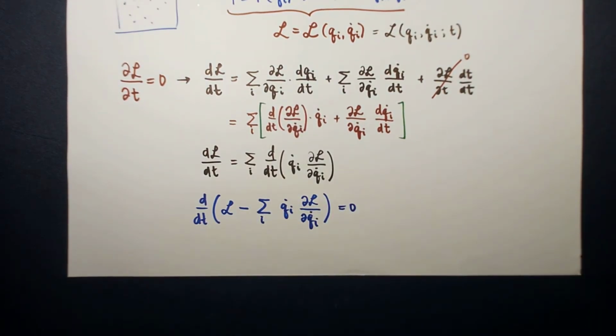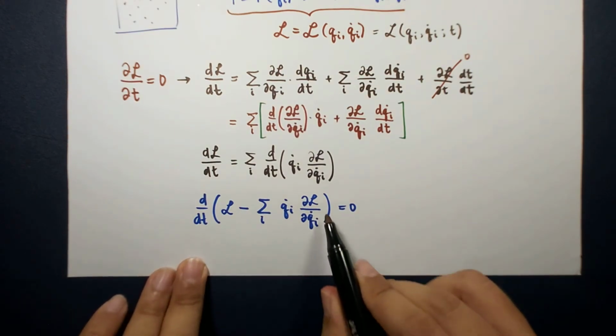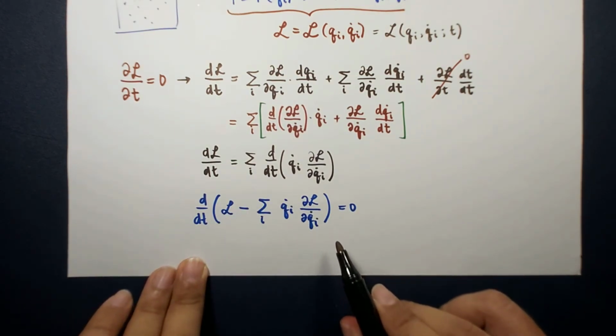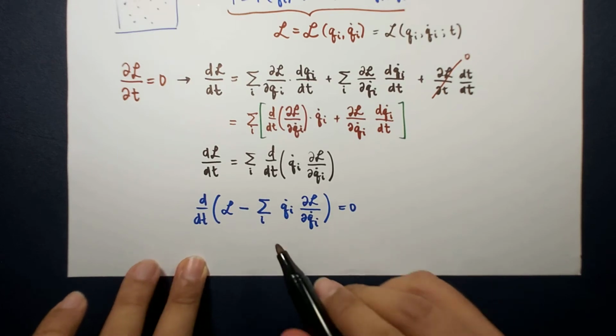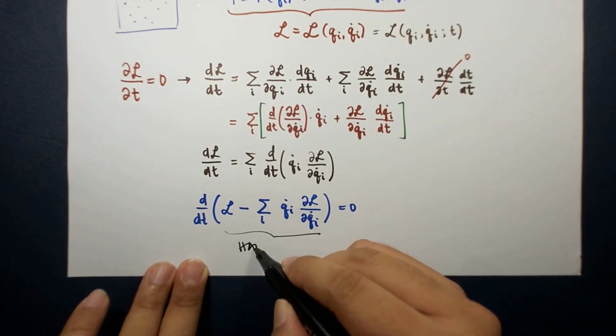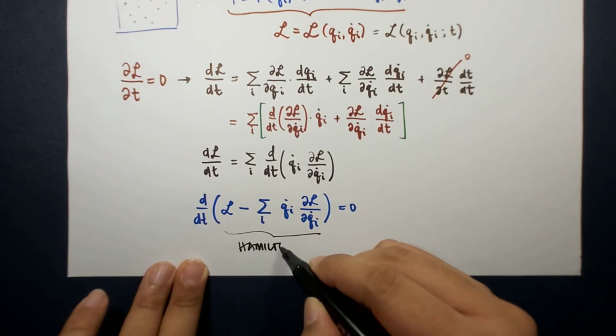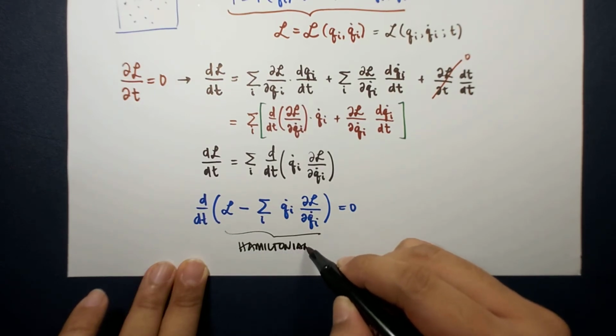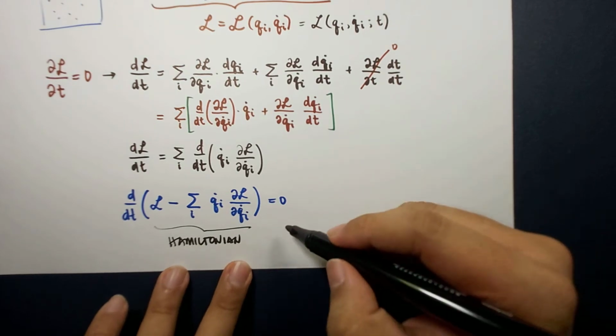Again, we are now presented with a derivative with respect to time of a quantity. We call this quantity the Hamiltonian, and it is usually represented by H.